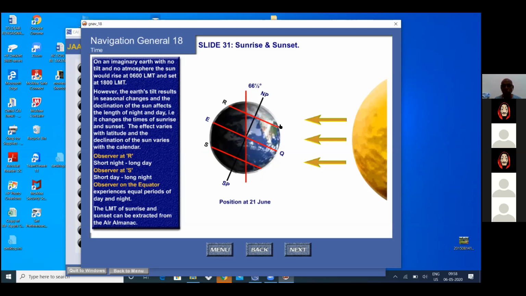For an observer in the northern hemisphere, the nights will be longer, the days will be shorter. In the southern hemisphere, the days will be longer and the nights will be shorter because the sun will be on the other side. But on the equator, it will be equal periods of light and dark. Okay, the opposite happens when it is over the Tropic of Capricorn.